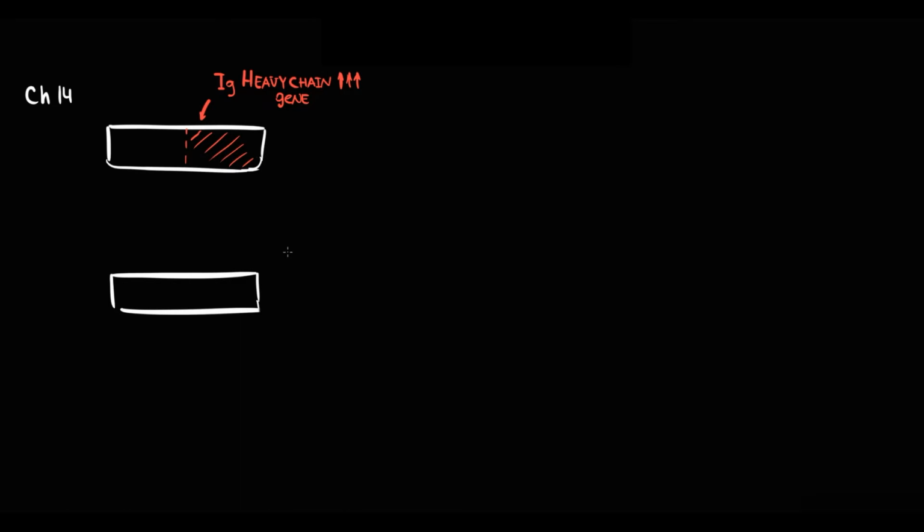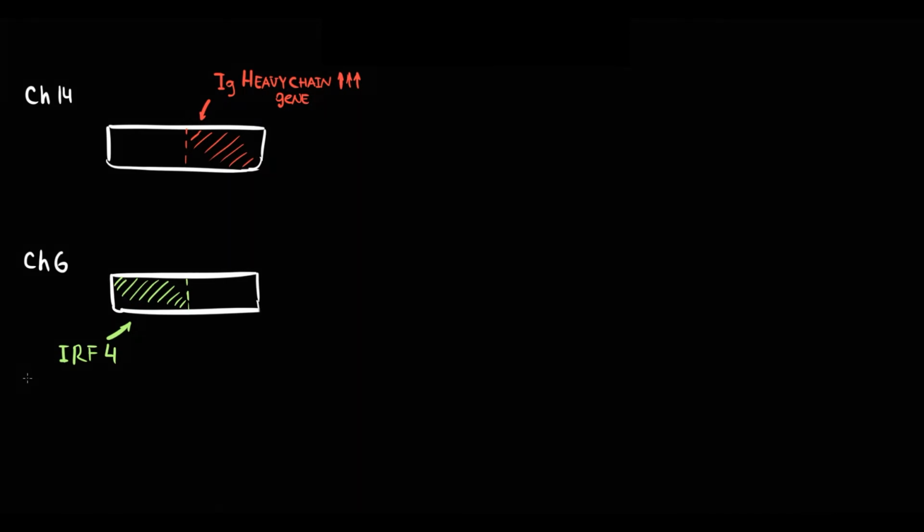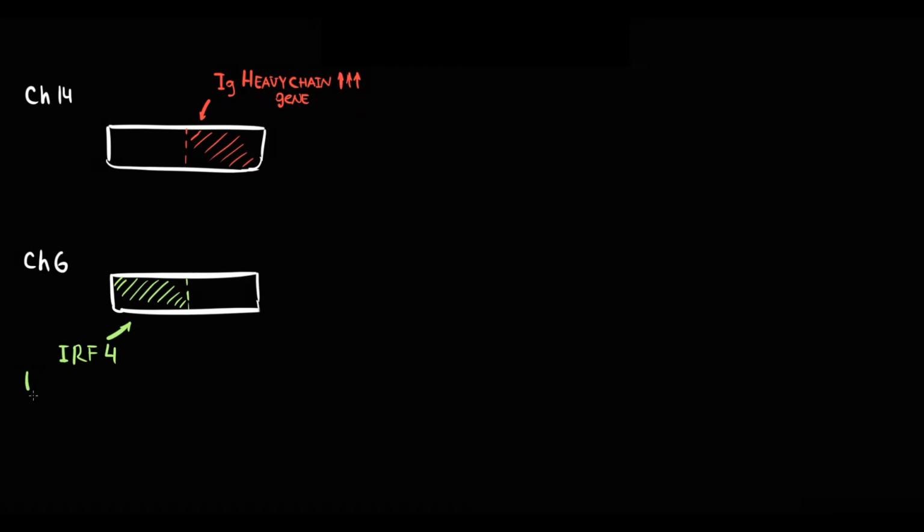And on chromosome 6 is located the gene that encodes interferon regulatory factor 4. Interferon regulatory factor 4 is a protein that regulates cellular proliferation and growth. But the major feature is that IRF4 inhibits cellular apoptosis.